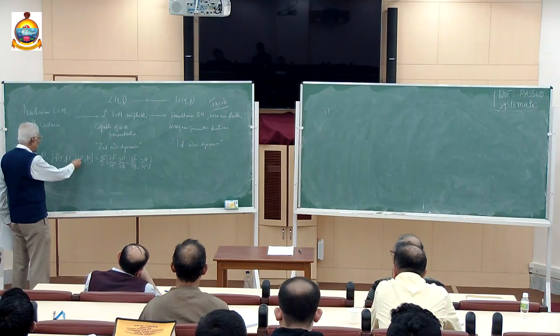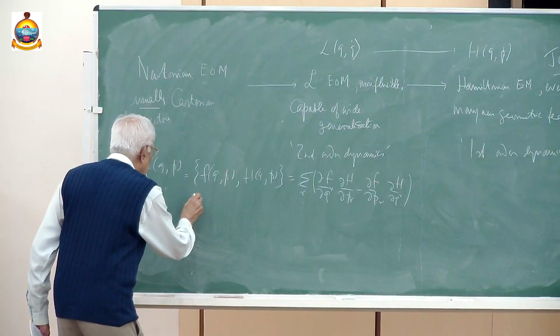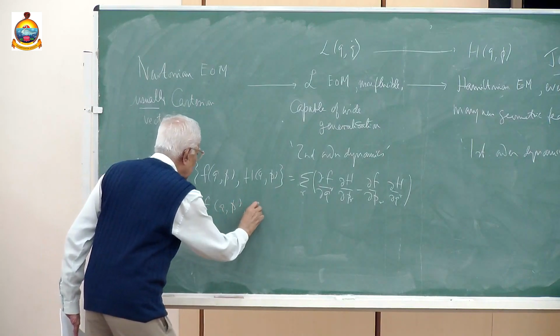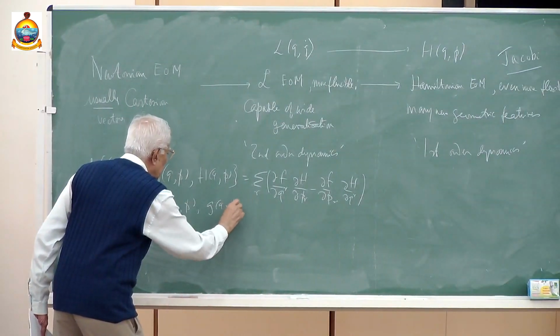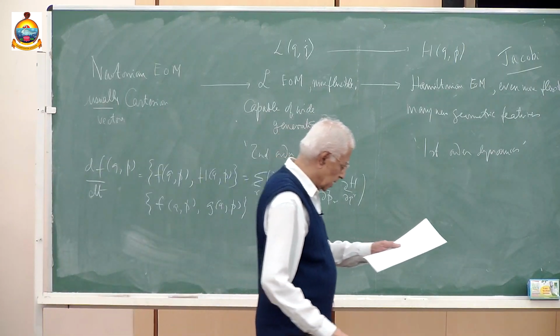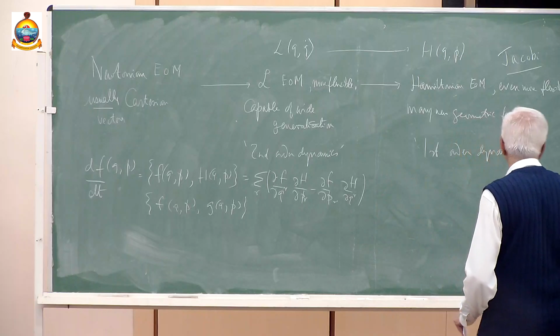Of course, you can replace h here by any general function g and put g in place of h on the right hand side. So, you will get an expression for the general Poisson bracket of two functions f of qp and g of qp. So, you write it down from here, replace h by g.